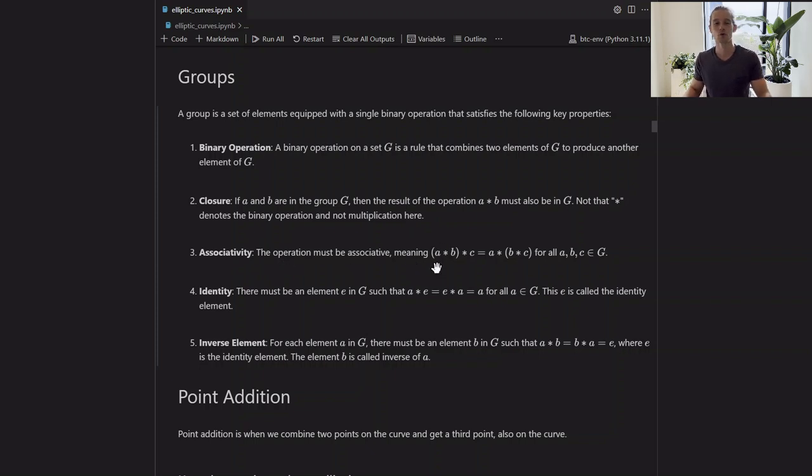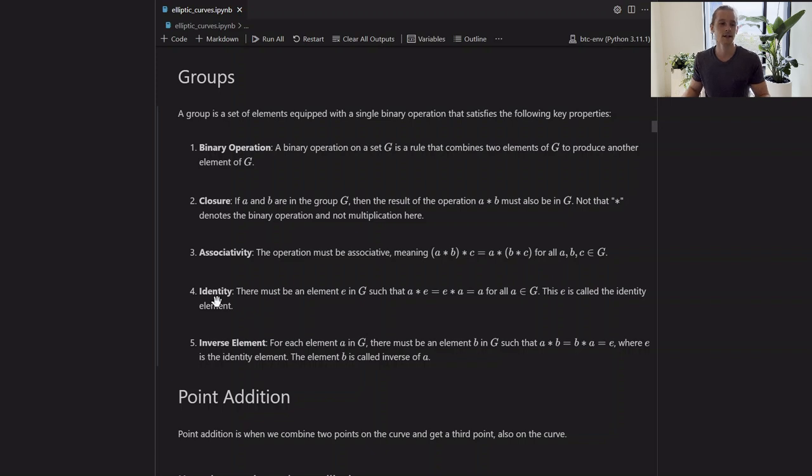So if you do the binary operation on 3 elements and you do it on A and B first, and then take the result of that binary operation and do a binary operation between that result and C, then you should get the same as first doing the binary operation on B and C, then taking that result and doing the binary operation between A and that result.